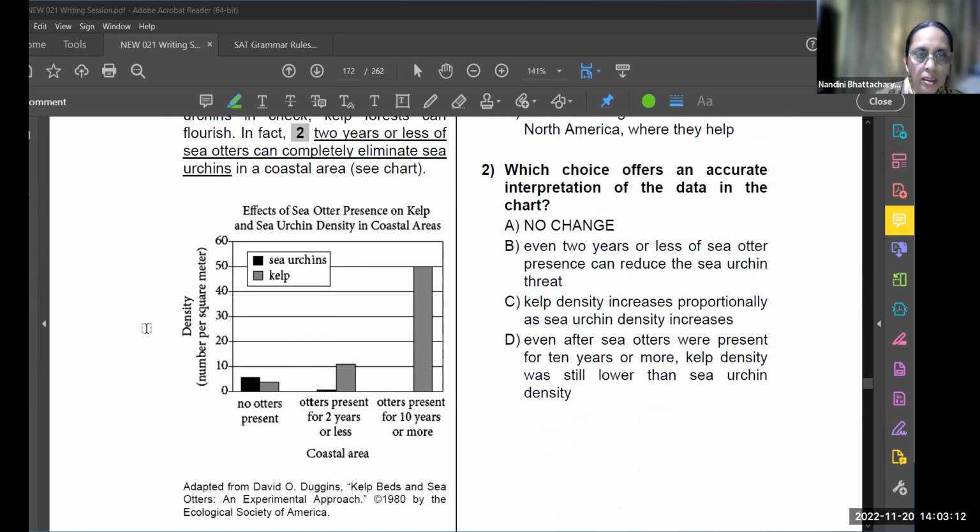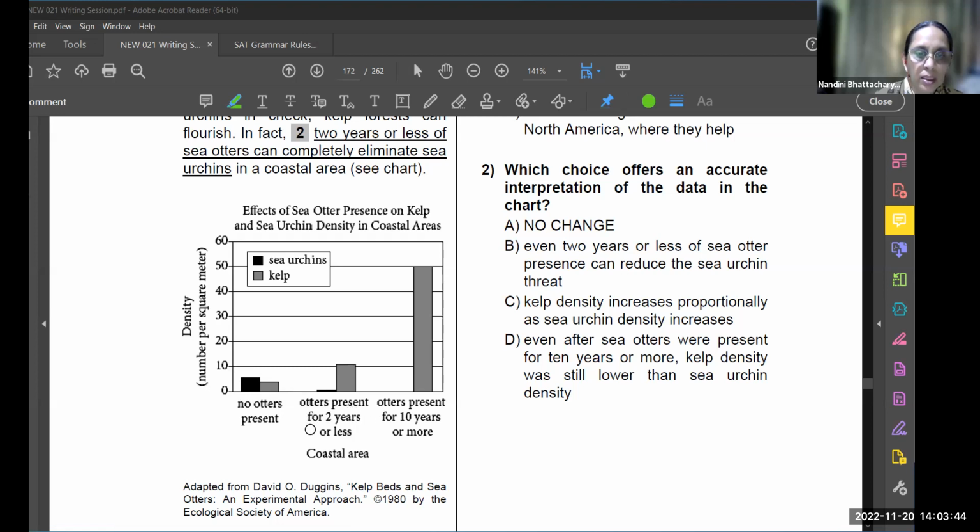So what is the data telling you? The histogram is about density, number per square meter, showing the effects of sea otter presence on kelp and sea urchin density in coastal areas. When there are no otters present, there were some sea urchins and some kelp, but both below 10.